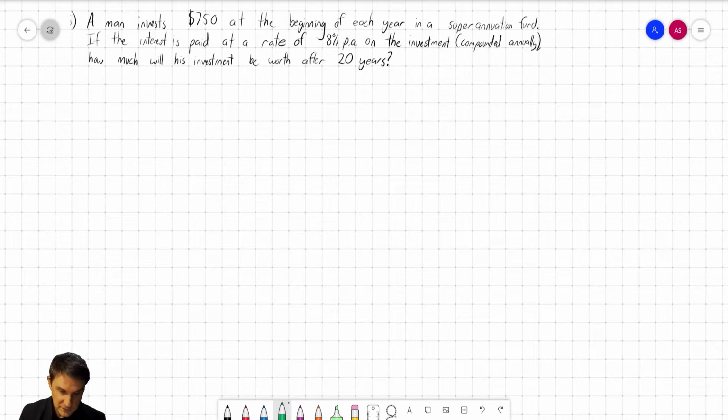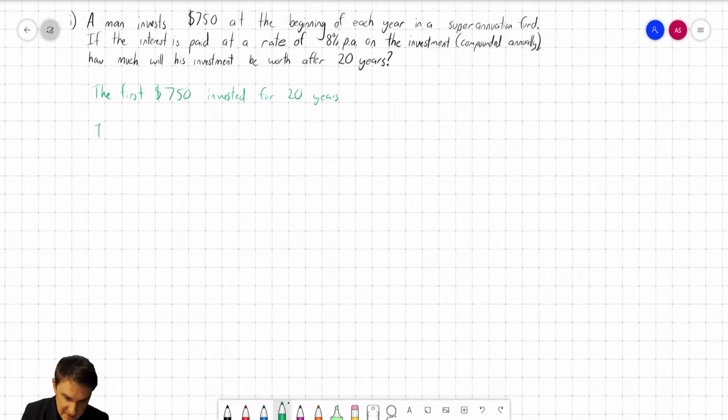First things first, in interpreting the question, we're told that this contribution is made at the beginning of each year. This is a really important thing to pay attention to in these questions. So therefore, the first $750 is going to be invested for 20 years.